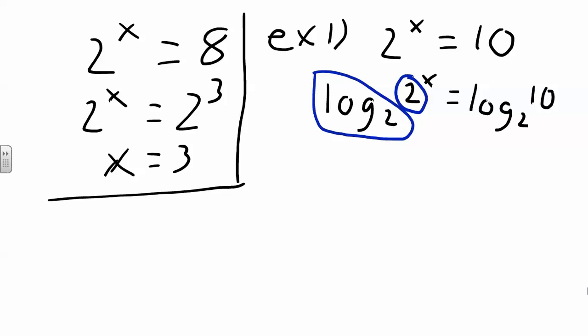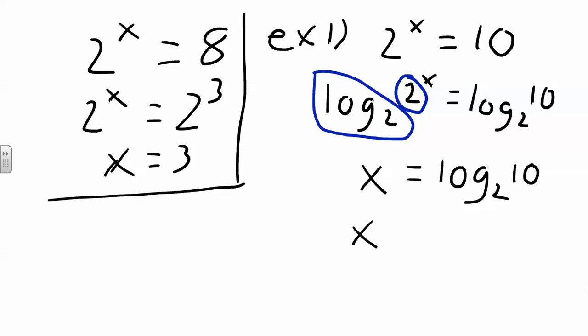So log base 2 of 2 to the x is simply x. You should have seen that in a different video that we did. So that means x is equal to log base 2 of 10, which should make sense from things we talked about in prior videos: log base 2 of 10 means the exponent you put on 2 to get 10, which is what we're trying to find in this problem.